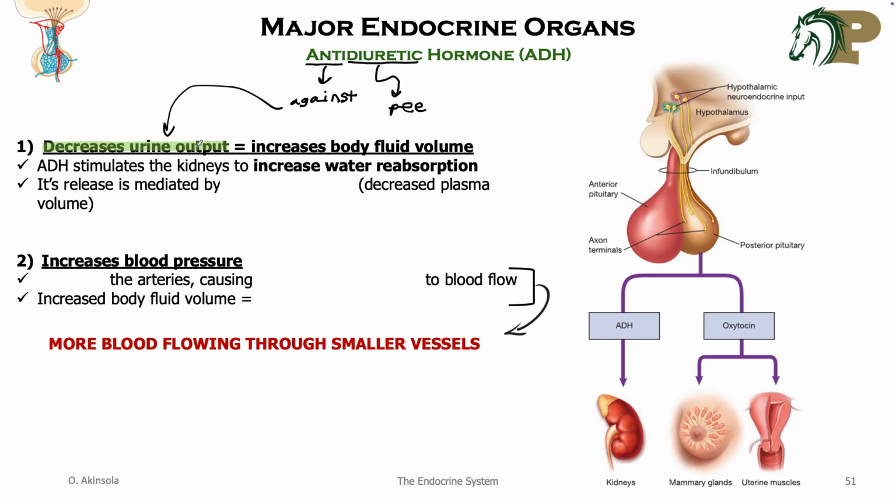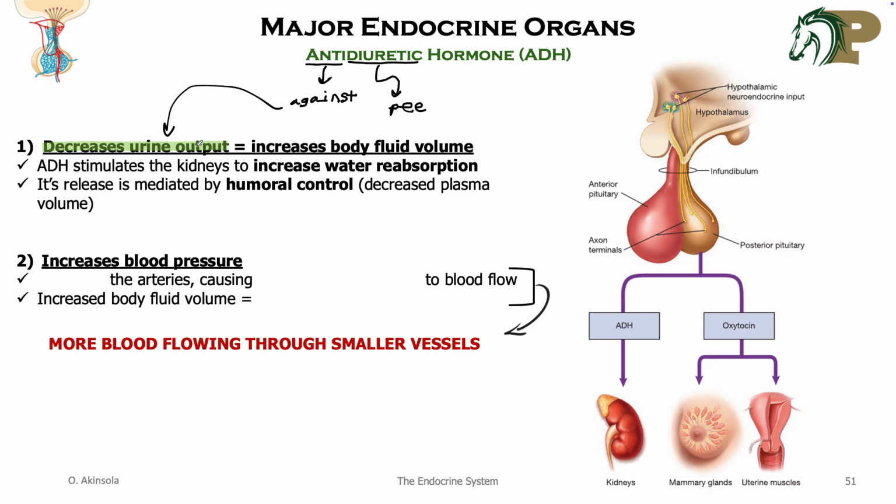Okay, this is going to increase body fluid volume. And its release is mediated by humoral control, that is, decreased plasma volume. So we talked about that arm of the endocrine system earlier, and how it essentially just monitors different levels of substances in the blood. In this particular instance, it's monitoring the plasma volume itself.